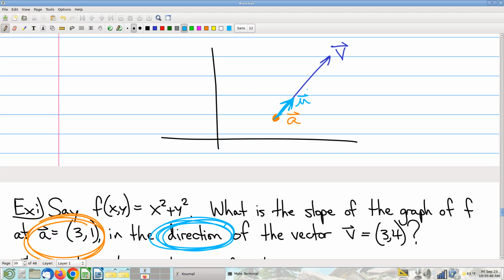Everybody happy? Here's the mistake a lot of students will make. A lot of students will misunderstand this vector, and it says right here it's a vector, but they will misunderstand it as a point, 3, 4. And as a point, 3, 4 is there. So that's where it is.